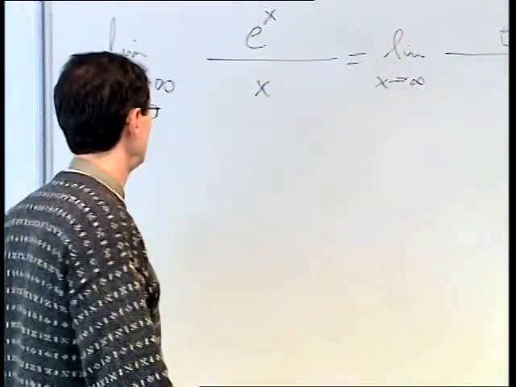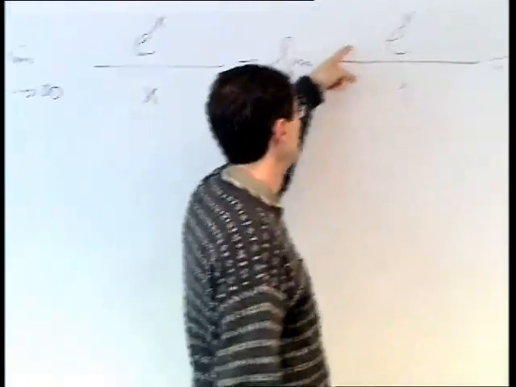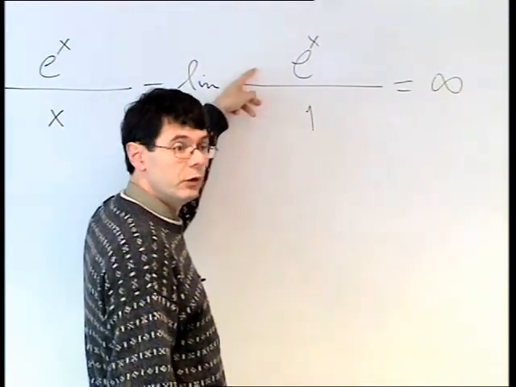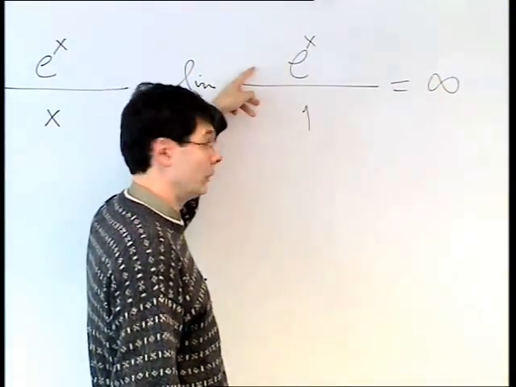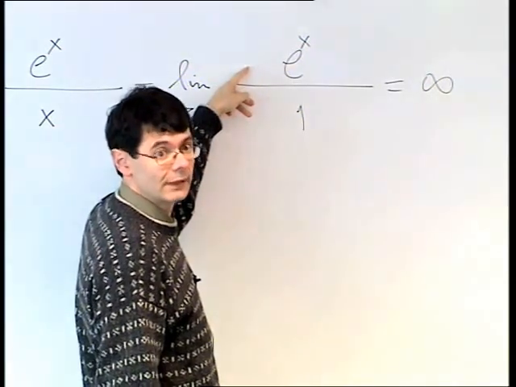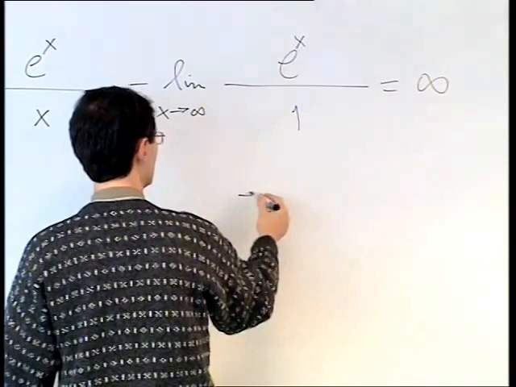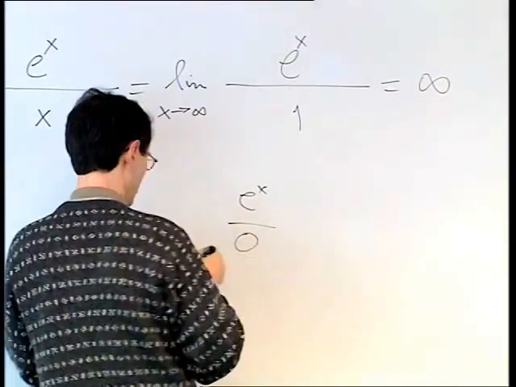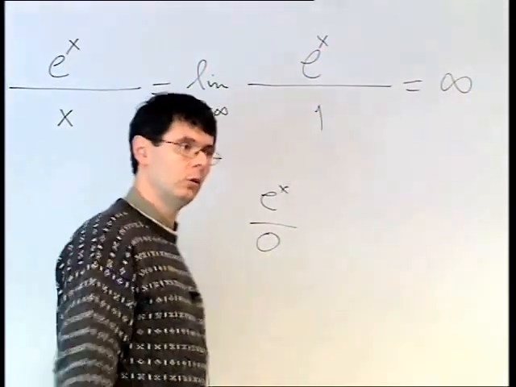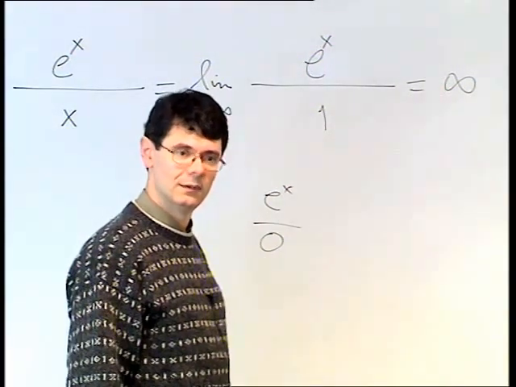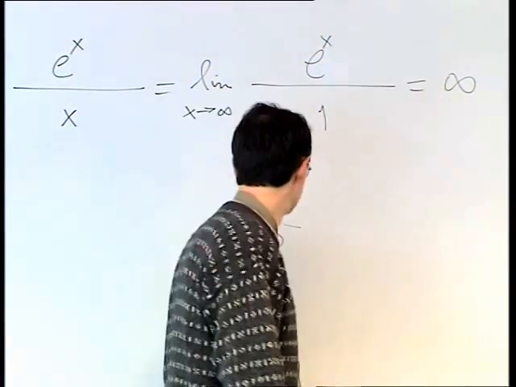So if you get to a point like here, and you blindly keep using L'Hopital, where you can't, you would get e to the x in the numerator and 0 in the denominator. Oh, I'm dividing by 0. Can't do.